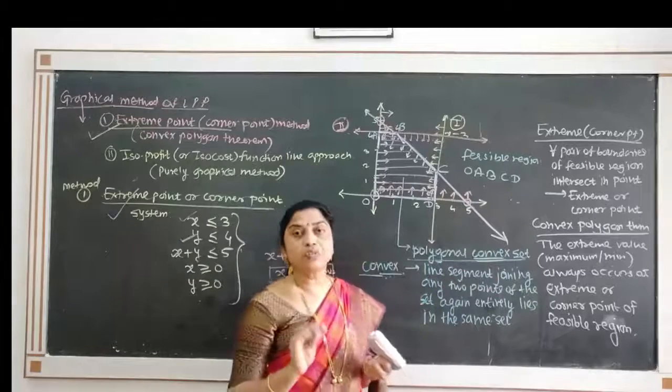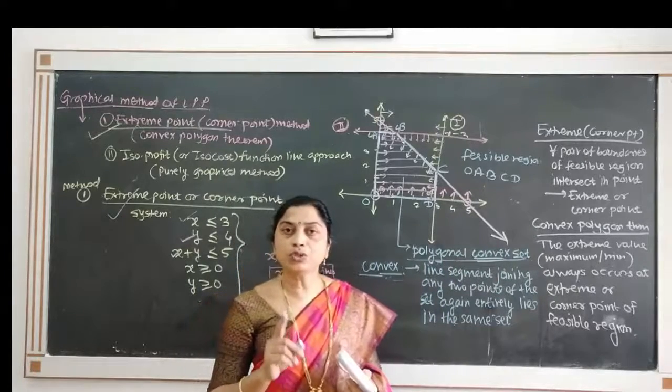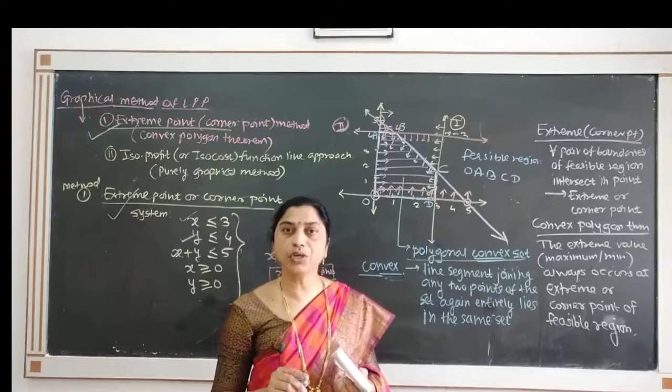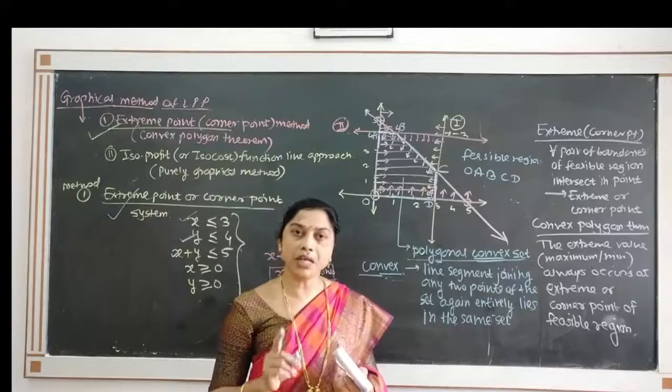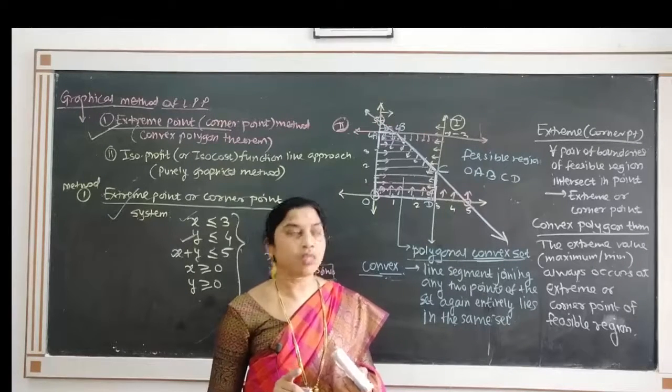So you have to remember three things. The first one, the solution set of a system of linear equations in two variables, if it exists, is always a convex polygon.